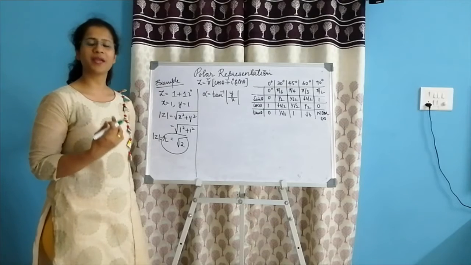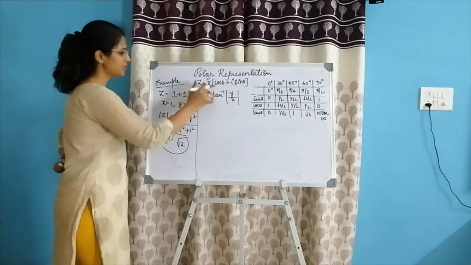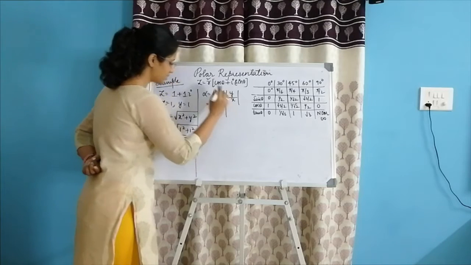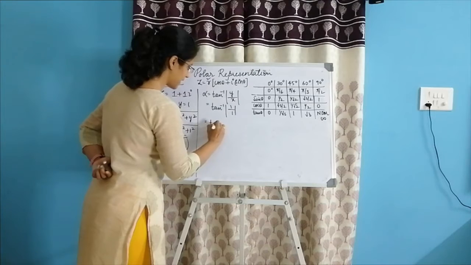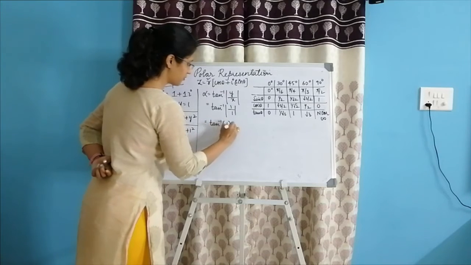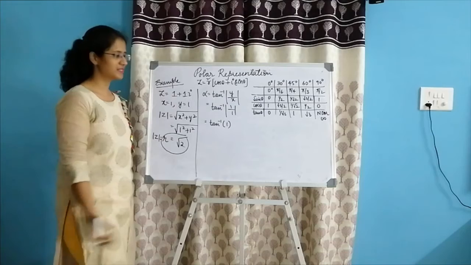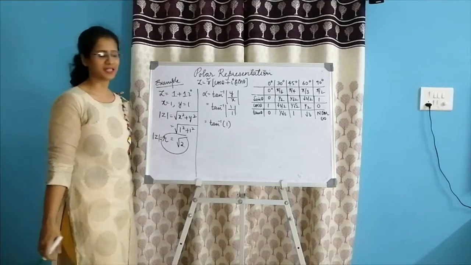Similarly, any term in positive remains positive. So substituting in the formula, I get tan inverse of 1 divided by 1, which can be written as tan inverse of 1. Any which way, modulus of 1 by 1 is going to be 1 itself. So I have written it as tan inverse of 1 inside the bracket.